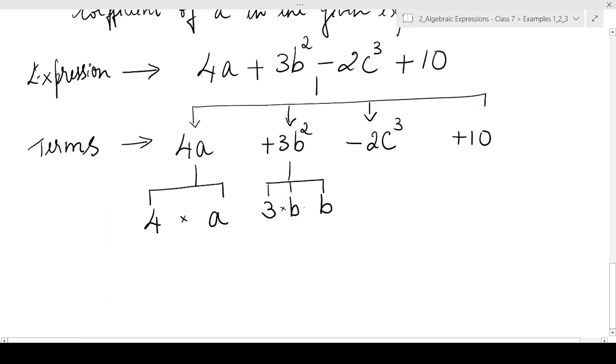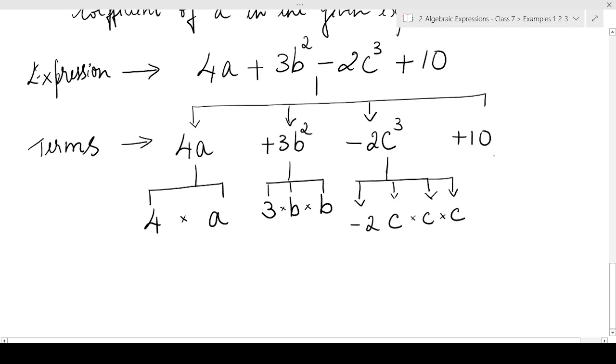How about 2c to the power 3? Which are the factors of this term? You have minus 2 into c into c into c.